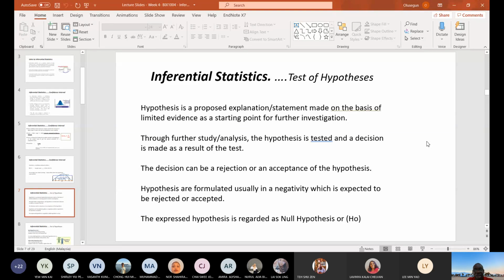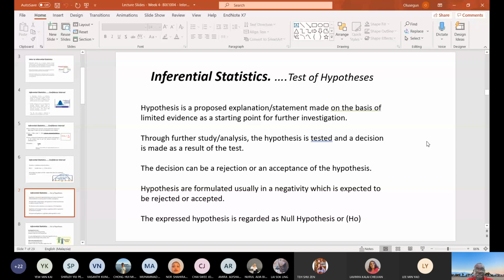If I want to express the hypothesis in a negative form, I will say not every student of BIX 1004 has a university diploma before coming to the university, or does not have a diploma certificate before coming to university. Then I begin to collect data from all of you, asking you what certificates you were holding before coming into university for the degree program.